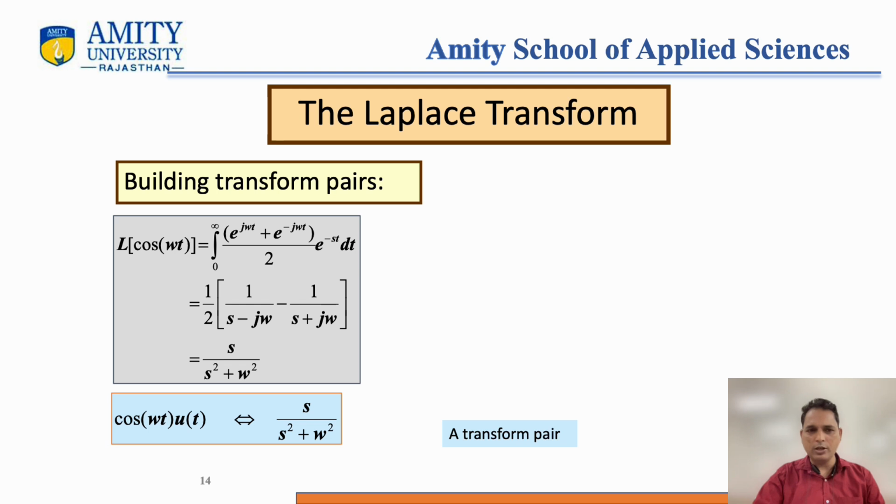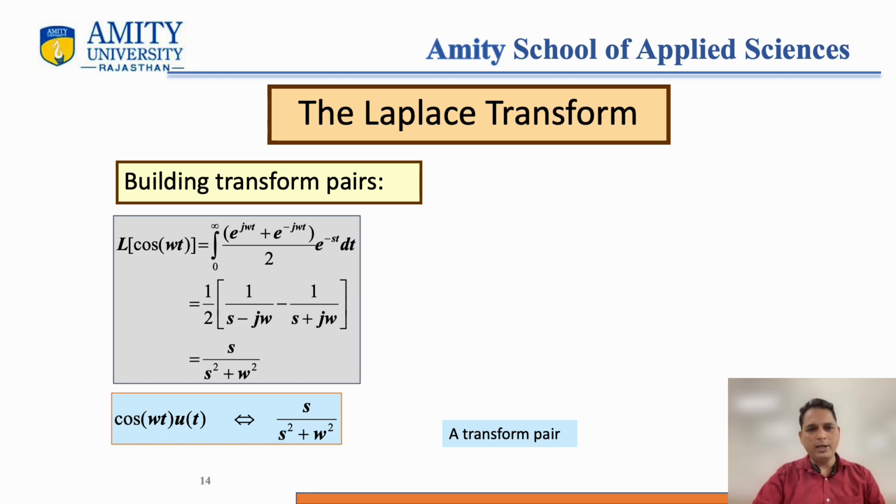On simple integration, as I have done earlier, the integration of e to the power at becomes e to the power at upon a. So I get minus 1 upon (s minus j omega) times e to the power minus (s minus j omega) t, and in the same manner minus 1 upon (s plus j omega) times e to the power minus (s plus j omega) t.